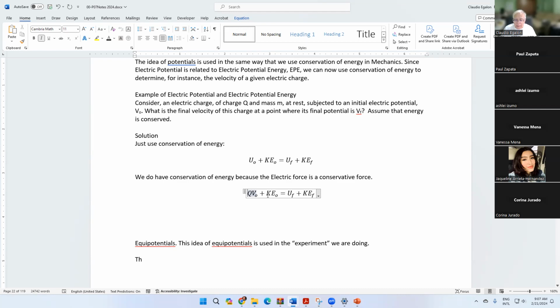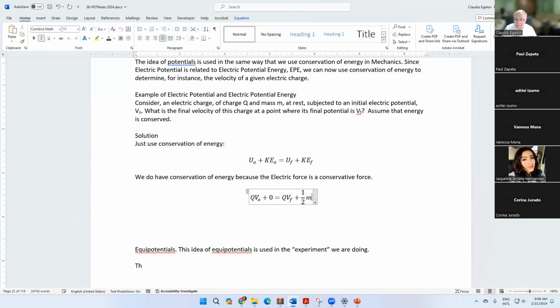Initial kinetic energy is going to be 0 because the charge is initially at rest. The final potential energy is going to be QVF, and the final kinetic energy is going to be half mv squared. M is given, Q is given, V naught and VF are given.